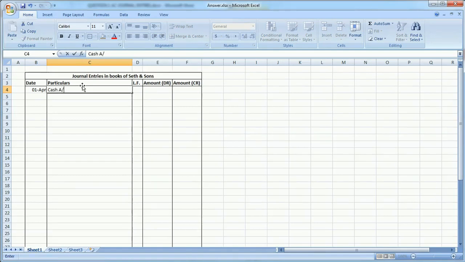Cash account debit rupees 1 lakh, to capital account rupees 1 lakh. Cash is coming inside the business, debit what comes in, hence cash account debit, and to capital account is being raised by rupees 1 lakh.